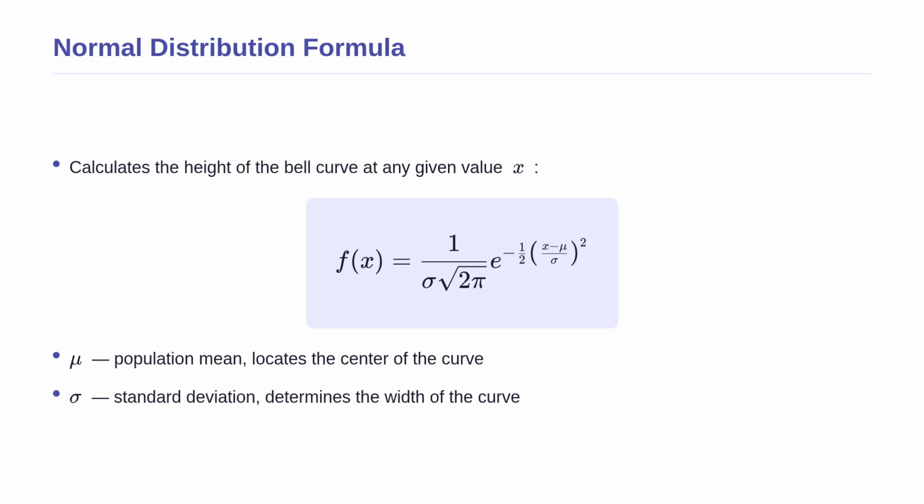The mathematical engine behind this continuous clustering is the normal distribution formula. While it looks intimidating, it simply calculates the height of the curve at any given value, x. Let us define the symbols. The Greek letter mu represents the population mean, which dictates exactly where the center of the curve is located.